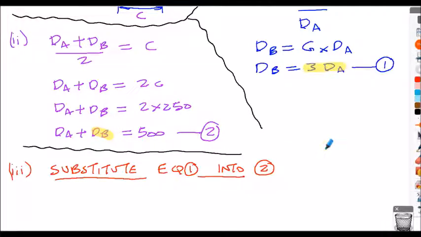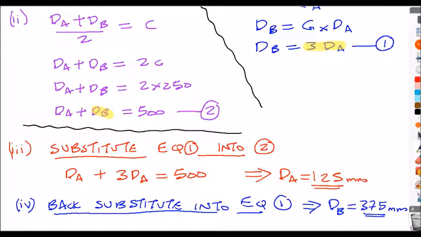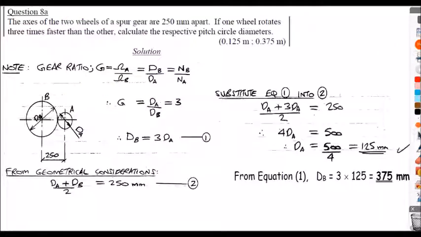See what you get for dA first of all, and then back substitute to find dB. My diameter A is equal to 125 millimeters. And then back substituting for B. It's a full solution anyway there. It's another solution.